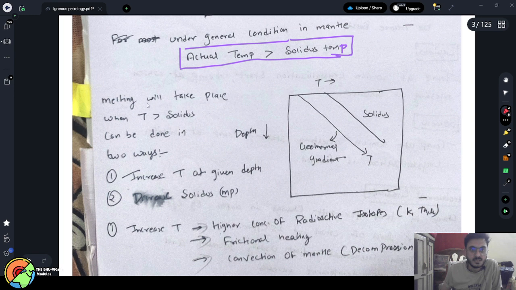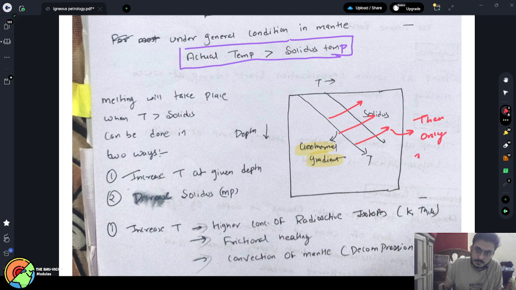Melting will take place when your geothermal gradient is greater than the solidus. So how is this possible? This geothermal gradient, if it exceeds the solidus temperature like this, then only melting will begin. Then only melting will occur.